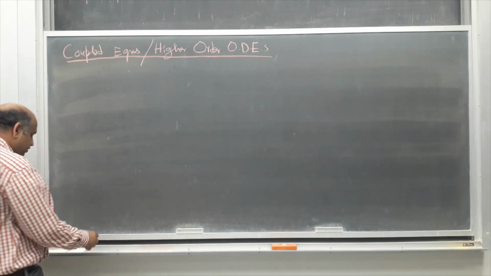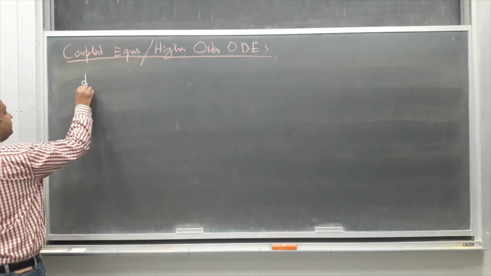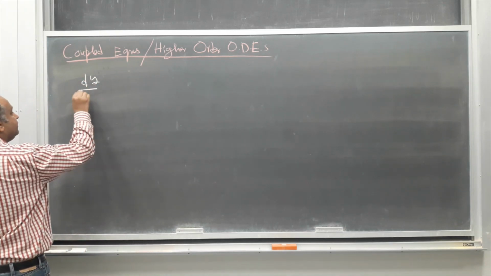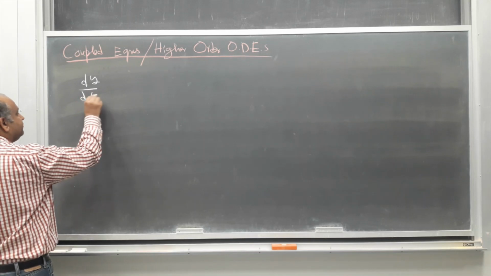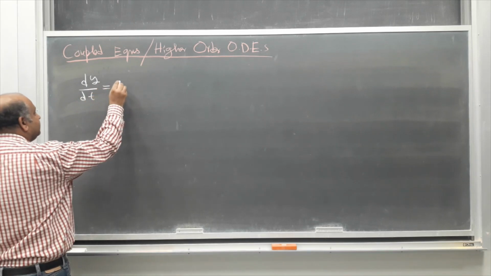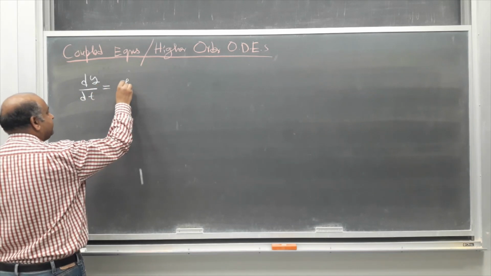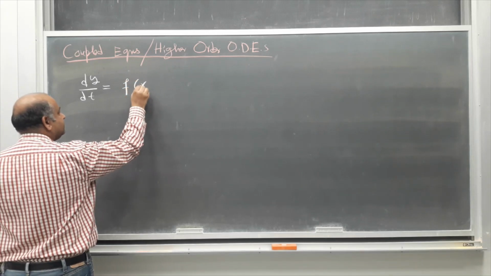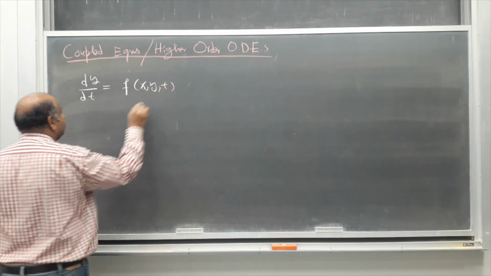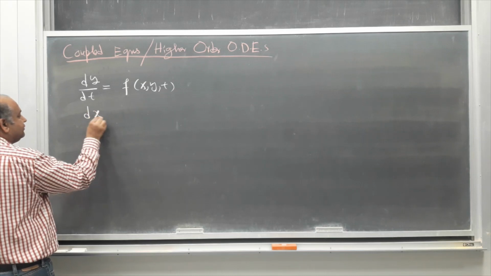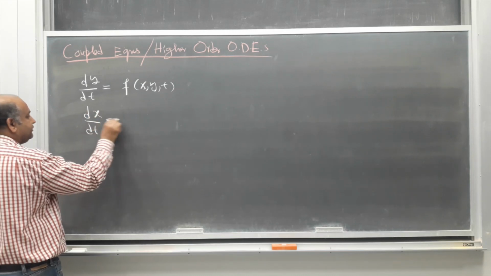Okay, suppose that I have two first order equations and I can solve them to get an equation like this and another equation like this.